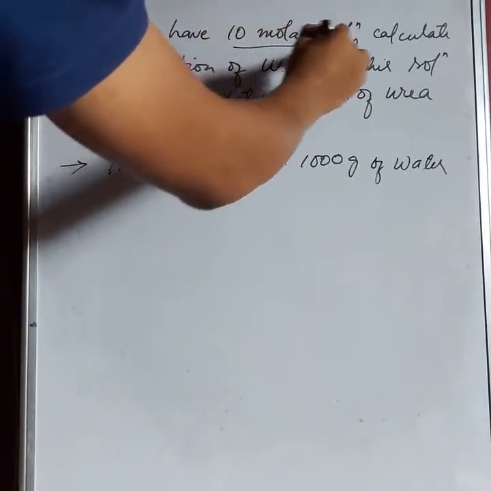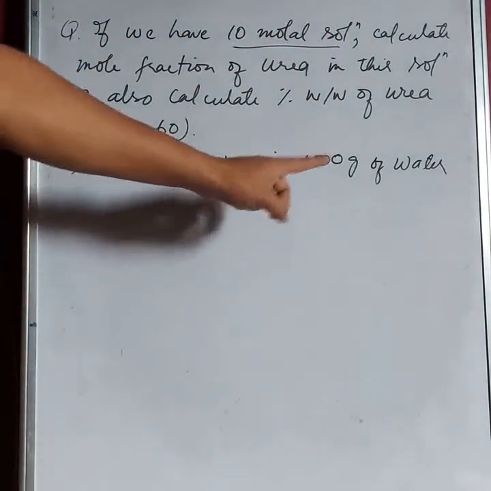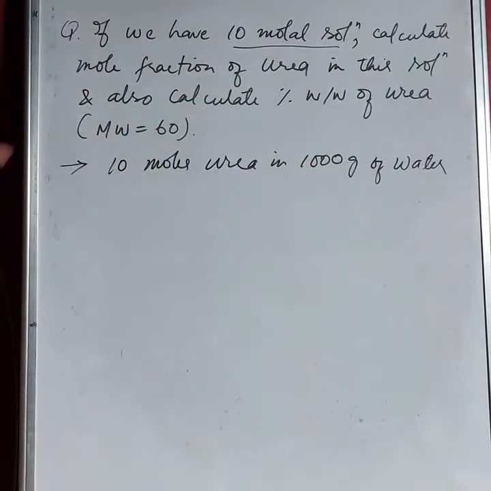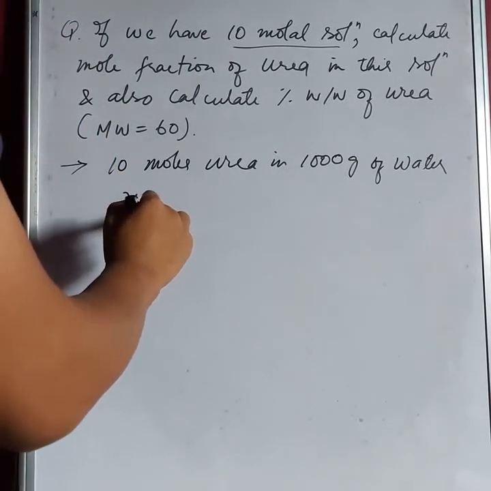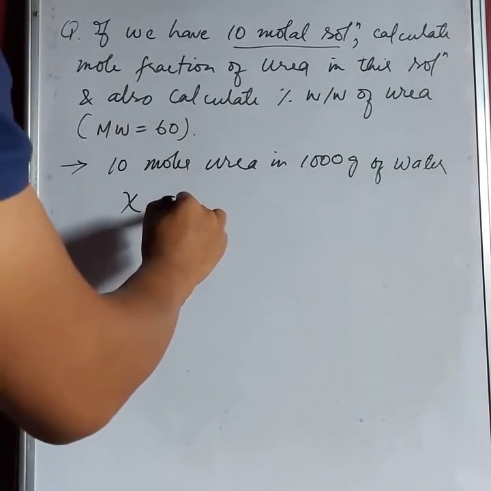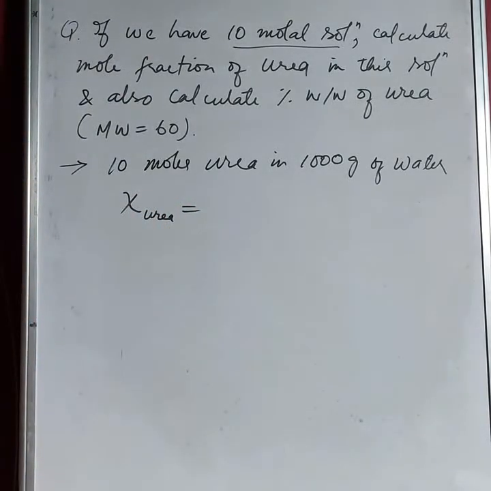A 10 molal solution means 10 moles of urea in 1000 grams of water. Now, the mole fraction of urea: in this solution we have urea and water.